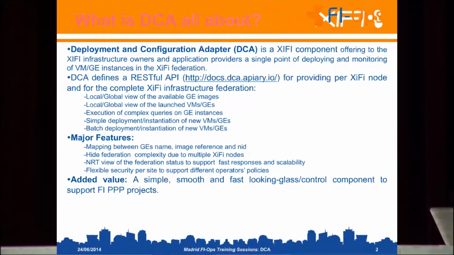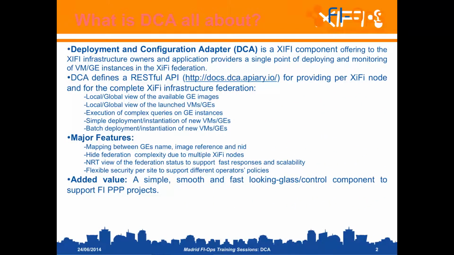There you can find the APIs that are now implemented, which are able to provide to the users local and global information about a single generic enabler image. For example, it can provide local and global information about the launched virtual machines or generic enablers.